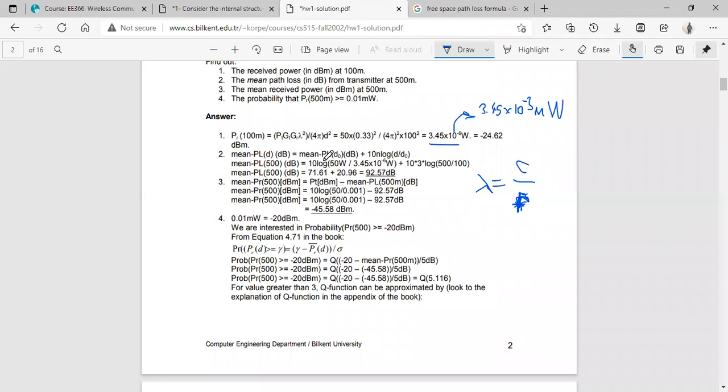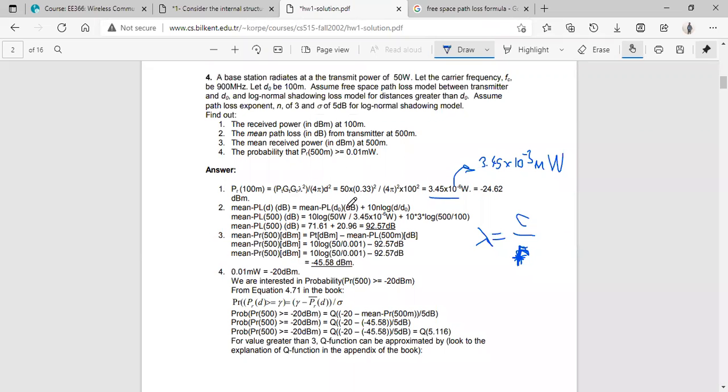So the mean path loss in dB from the transmitter at 500 meters is basically given by the free space loss model, that is 10 log of transmitter power divided by the receiver power, plus the log normal shadowing model.